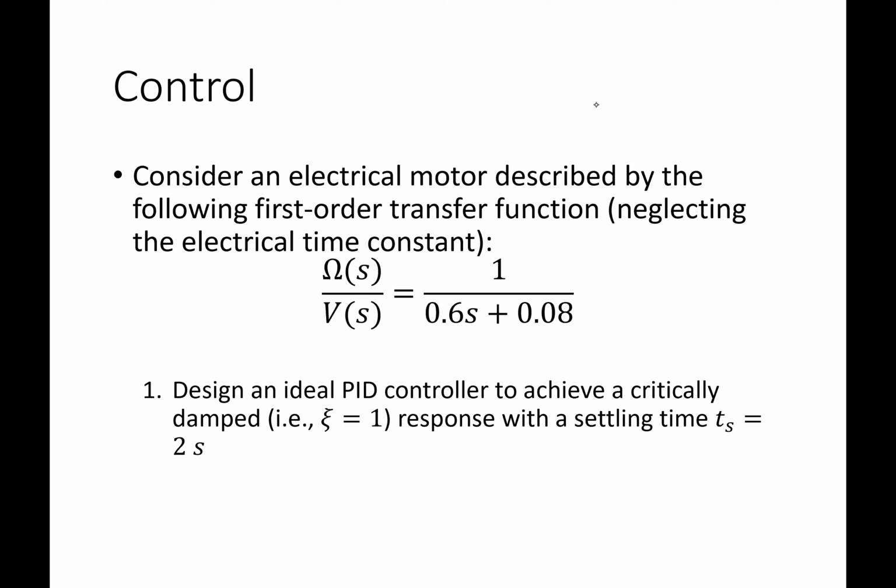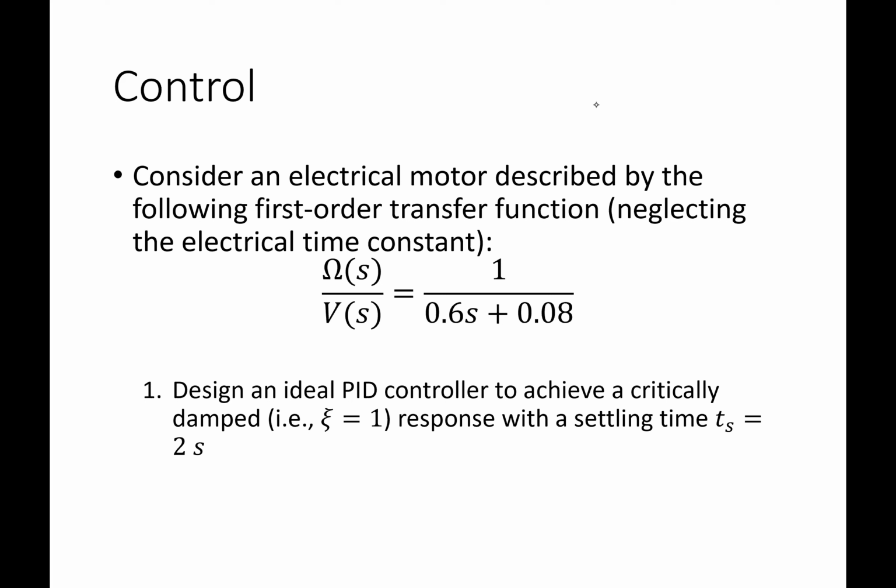So I'm going to read out the example, which is: consider an electrical motor described by the following first order transfer function, neglecting the electrical time constant. Remember that if you neglect the dynamics of the inductor in the motor, then instead of having a second order transfer function, you have a first order transfer function. This is the transfer function of the angular velocity of the motor over the voltage, and this is 1 over 0.6 s plus 0.08.